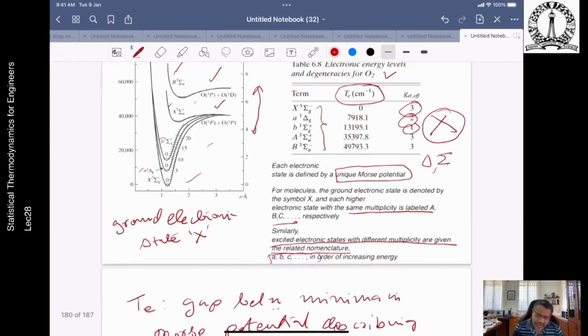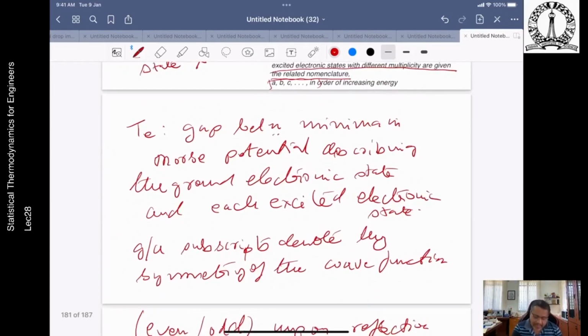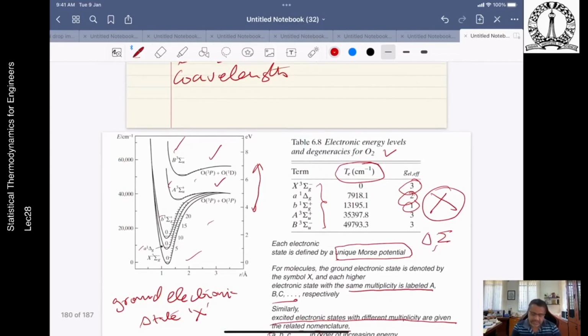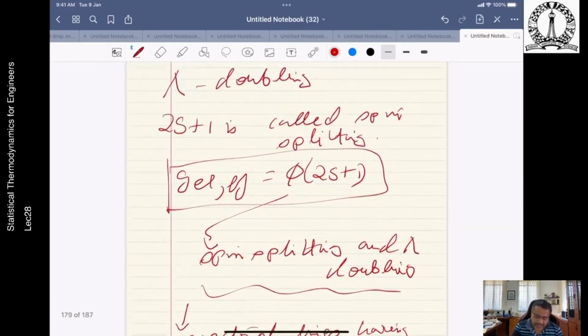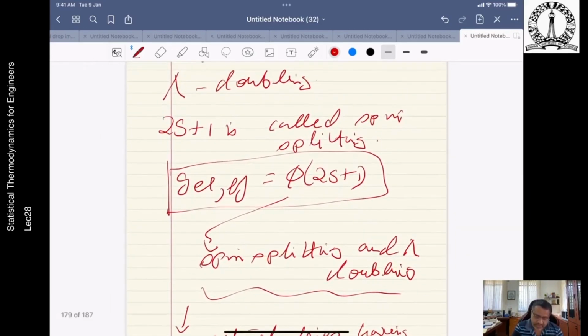And TE is basically the gap between the minimum in the Morse potential describing the ground electronic state and each excited electronic state. So when it is the ground electronic state, given as X, TE is obviously equal to 0, and the effective degeneracy is 3. We know why it is going to be 3.